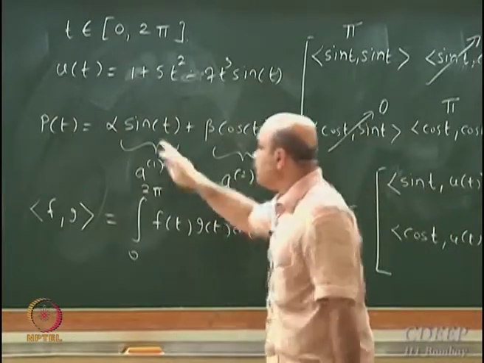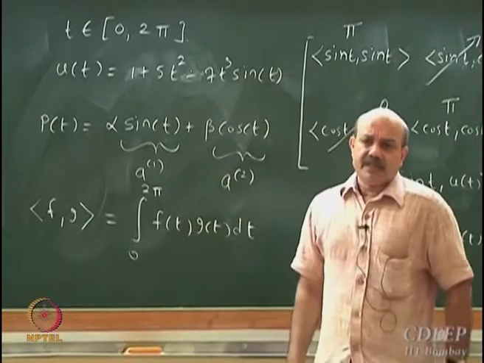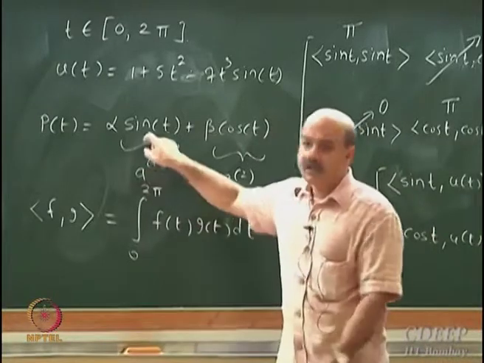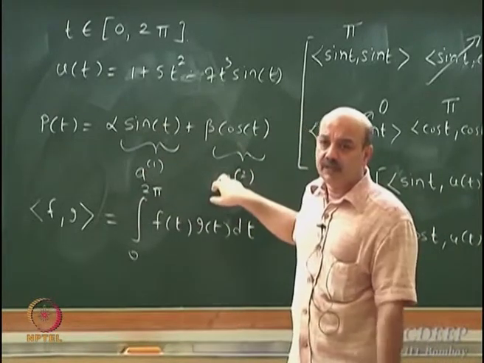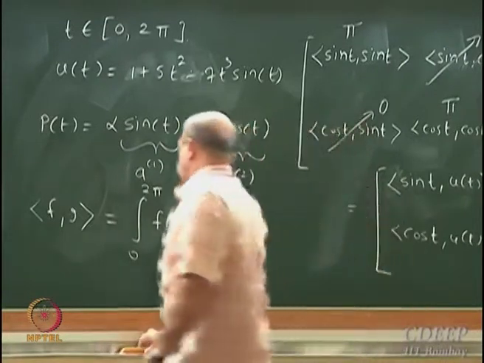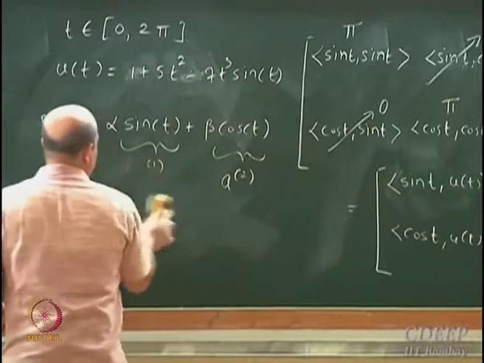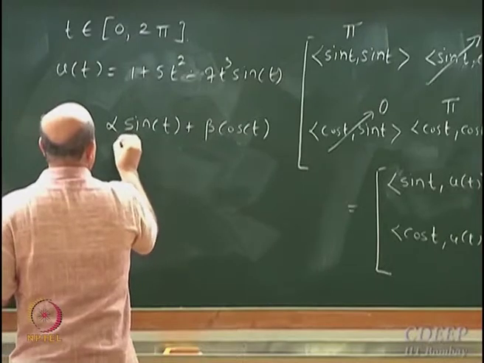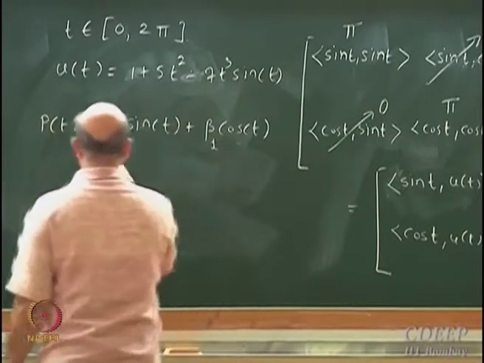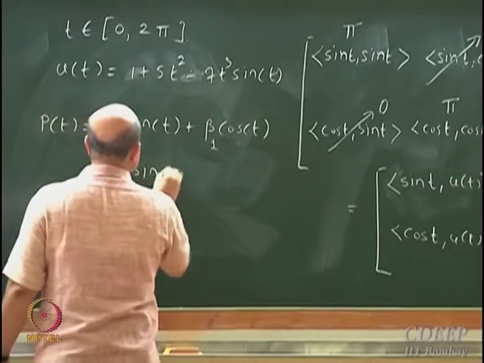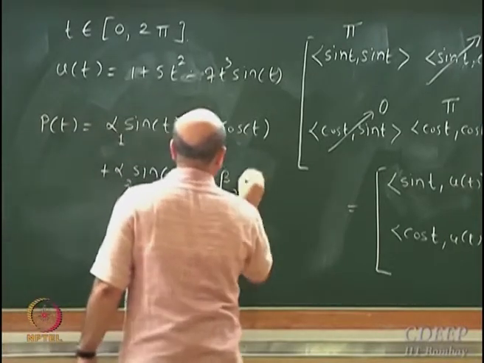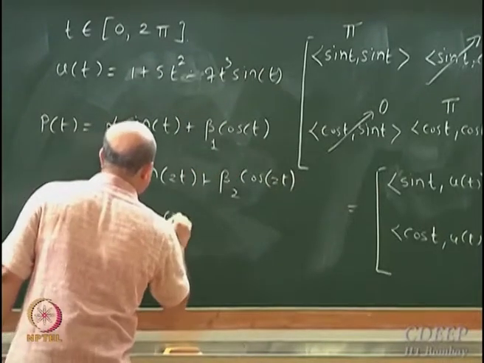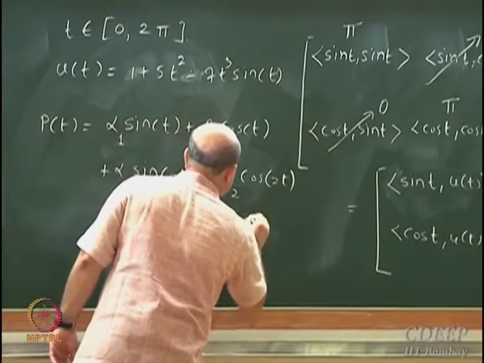If here I have included only two basis vectors, somebody might say just using 2 is not sufficient, you want to use 4. In which case I would use sin t, cos t, sin 2t, cos 2t and so on. The approximation could become more and more complex if you want. So I can have alpha 1 sin t plus beta 1 cos t plus alpha 2 sin 2t plus beta 2 cos 2t plus alpha 3 sin 3t plus beta 3 cos 3t.